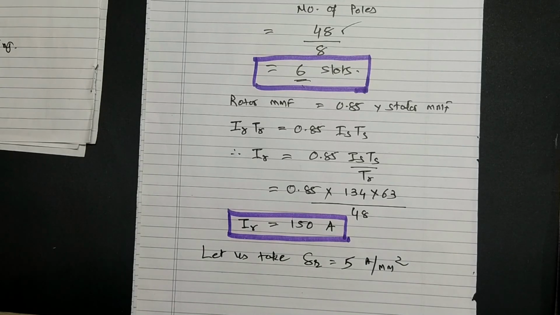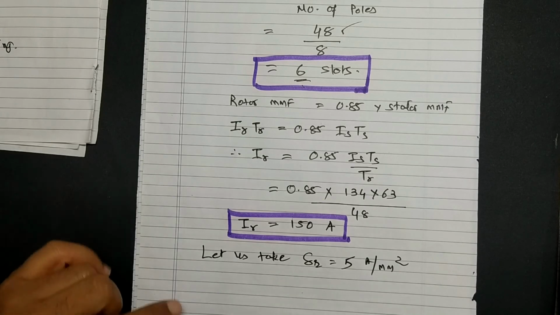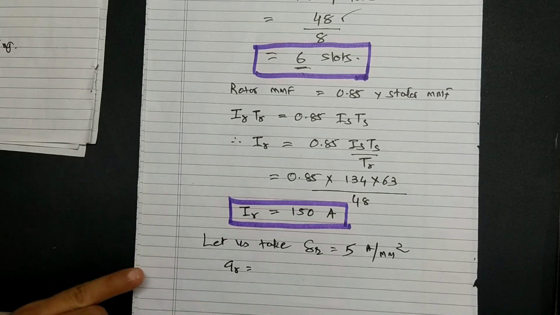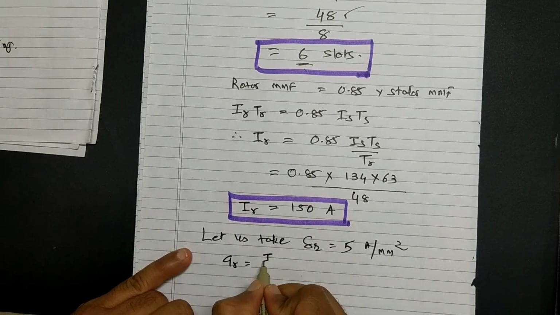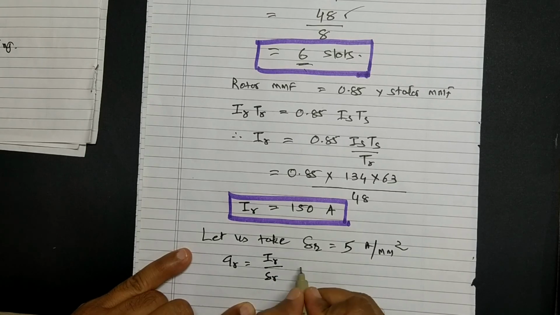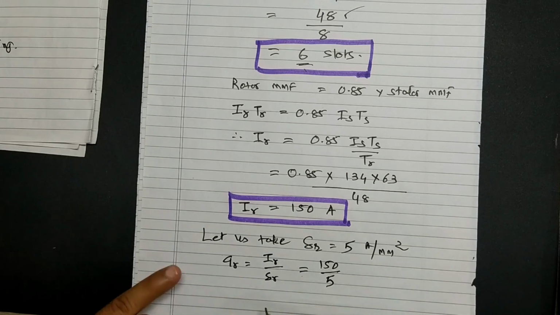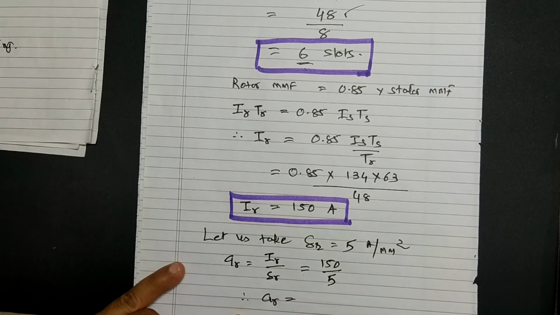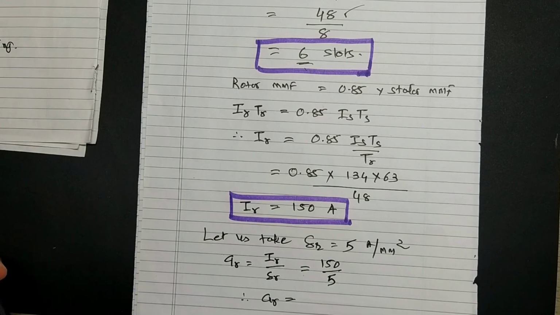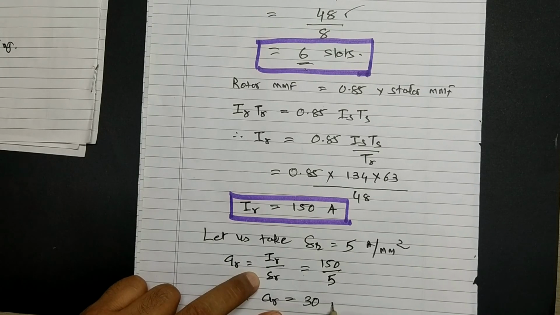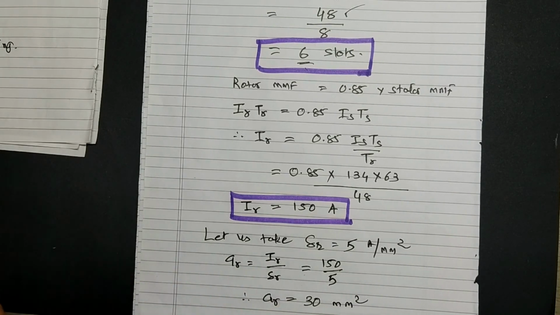It is not given, so we can take an appropriate value. So the cross-sectional area of the rotor winding is rotor current divided by current density: 150 ampere divided by 5, which comes to 30 millimeter square.